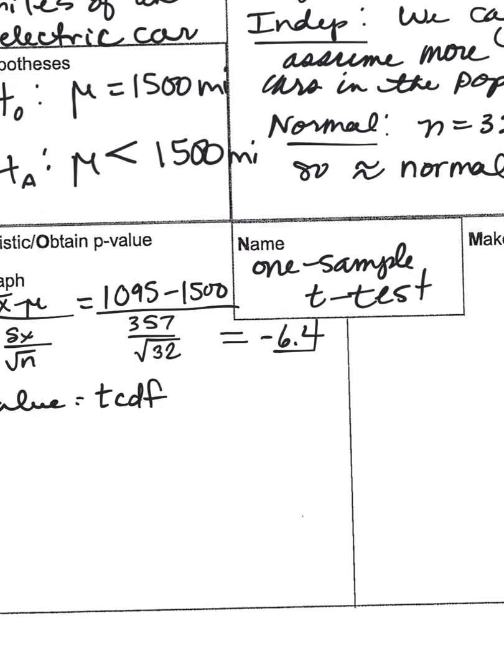Maybe we ought to draw this curve first. Shouldn't we draw a curve? This is going to be 0. This is going to be negative 6.4. We're looking for less than, aren't we? You see why I would draw that first?